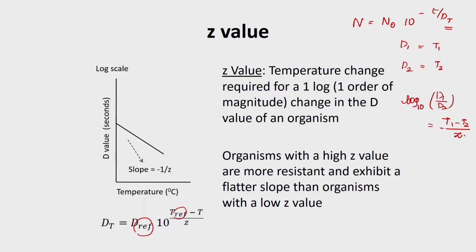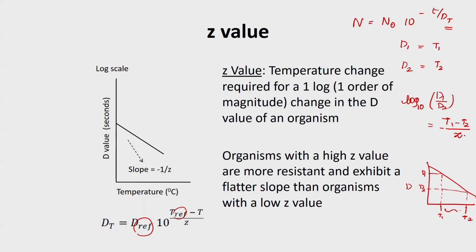So, this is D value in seconds, or I will be putting something like this, right. If I have a temperature T1 and a temperature T2, this is my D value. For T1 I will be having D1 value, at T2 I will be having D2.